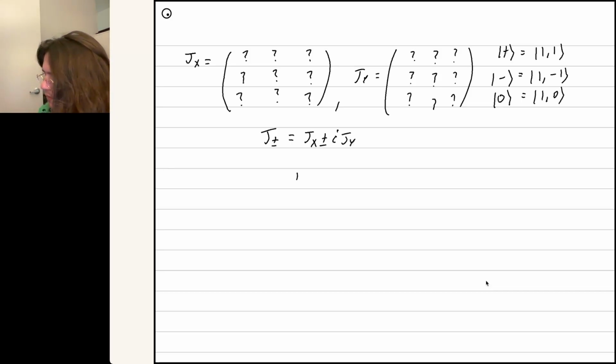Let's then just solve for Jx and Jy in terms of J plus and J minus. So J plus will be Jx plus iJy.